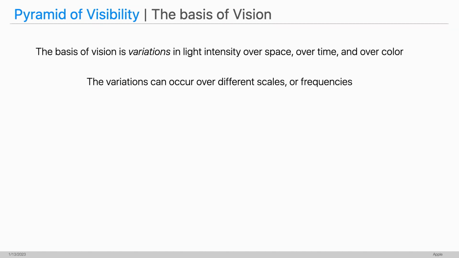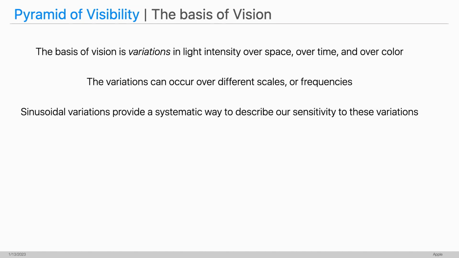And we can also think of those different scales as being different frequencies of modulation of the luminance over these dimensions. Now, it's been appreciated that sinusoidal variations are a nice systematic way of describing these various variations at different scales or frequencies. And so we've come to view the contrast sensitivity function as a fundamental entry point for human vision.